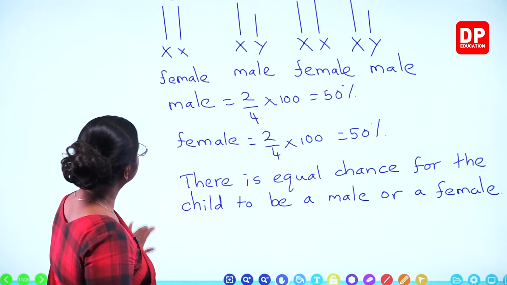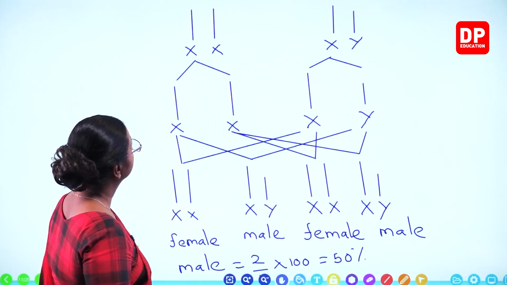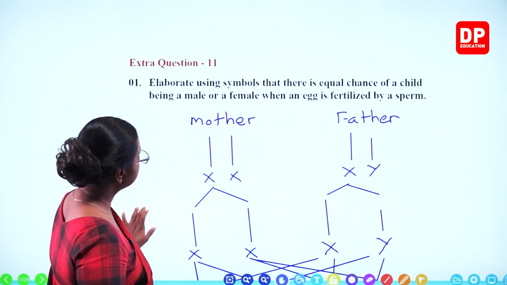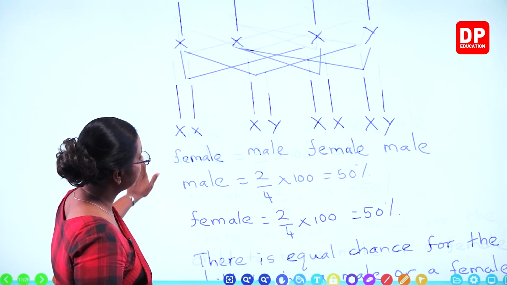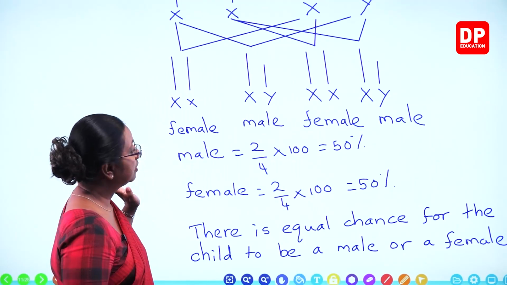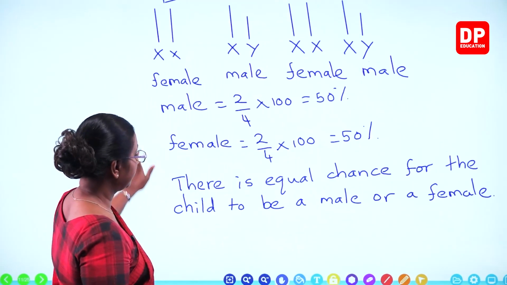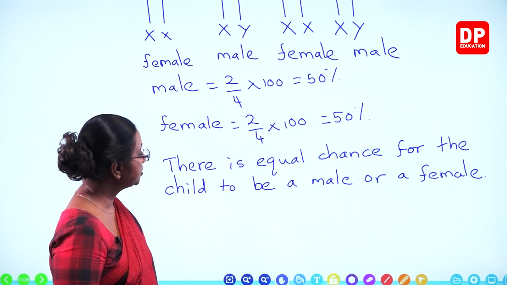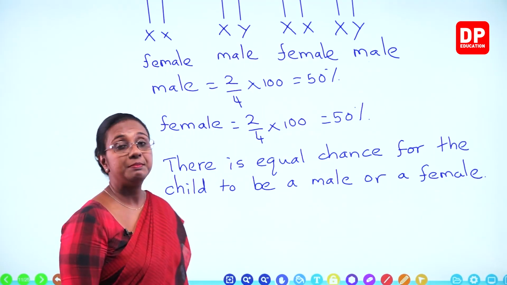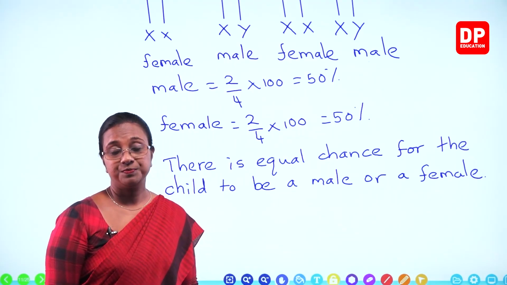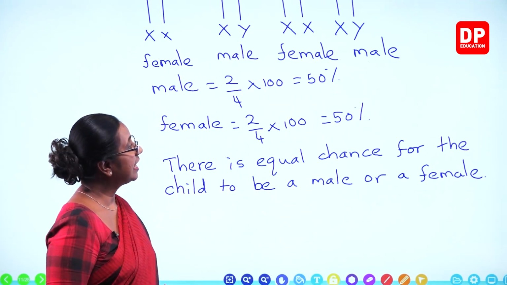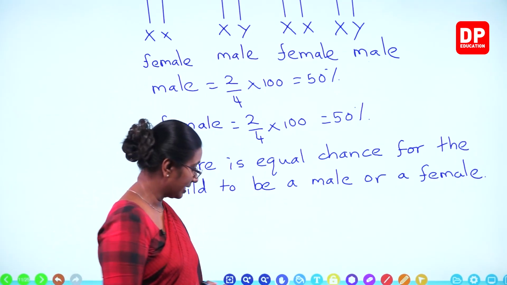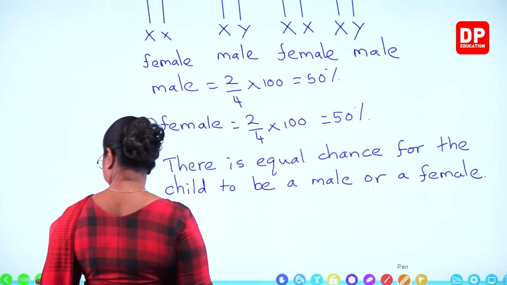So you have to use the symbols, show the parents, then the gametes and the combination, and finally here we show the ratio. And you have to say there is an equal chance for the child to be a male or a female. I'm sure you all can do this. So with that, students, we'll move on to the next question.